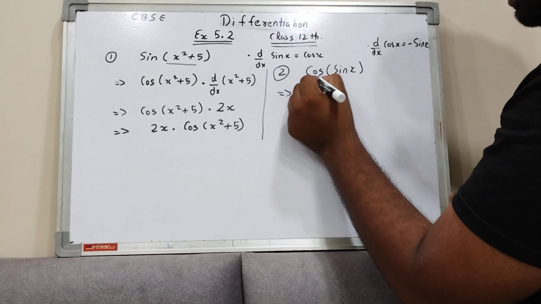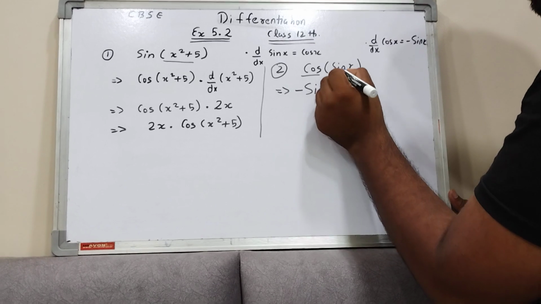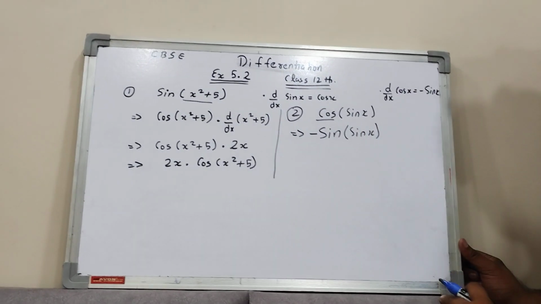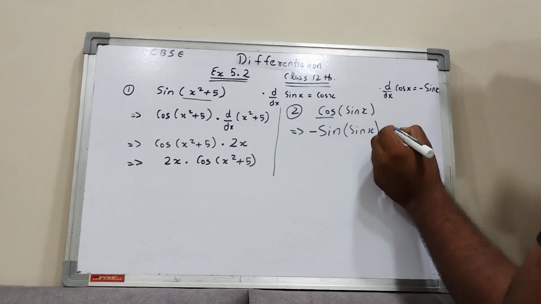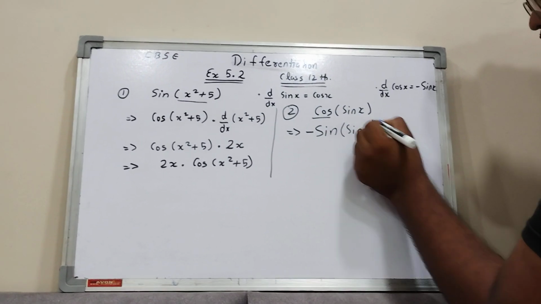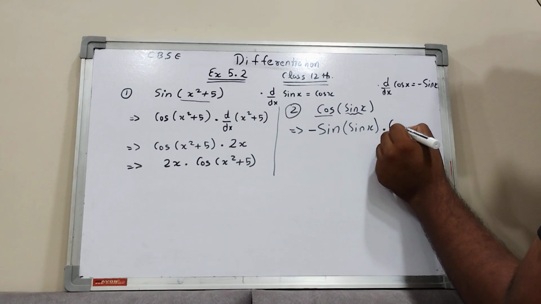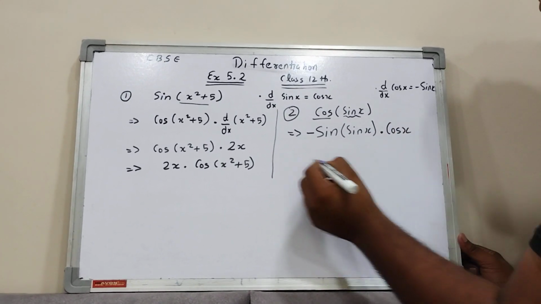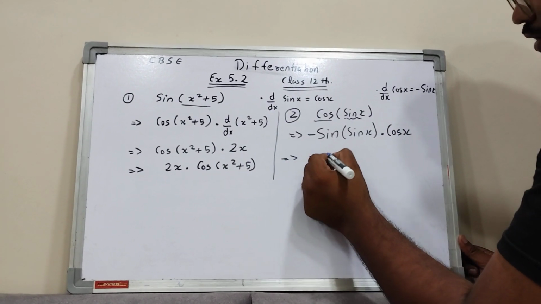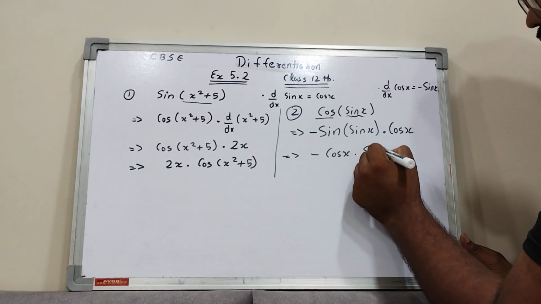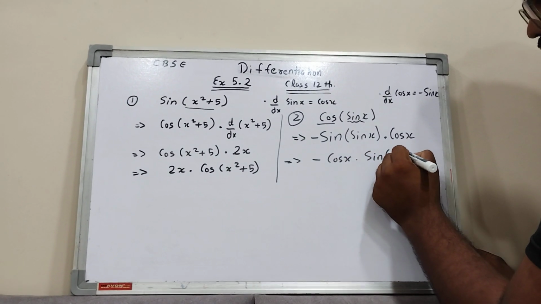First of all, we differentiate the outer function and we just copy the bracket sin x. Now we will differentiate the inner sin x, which becomes cos x. So our answer is minus cos x into sin of sin x.